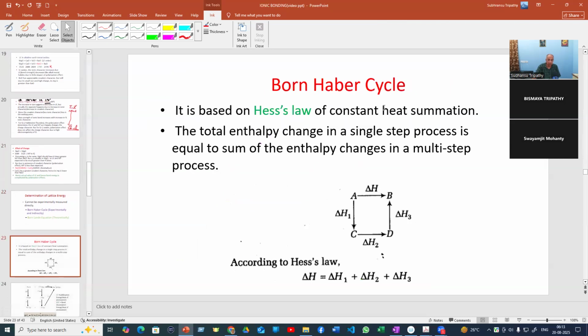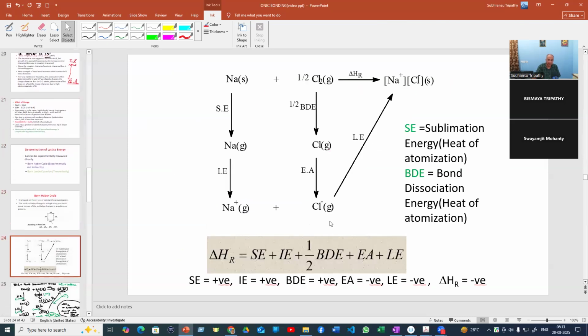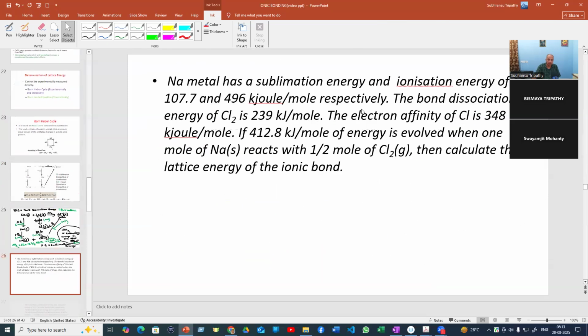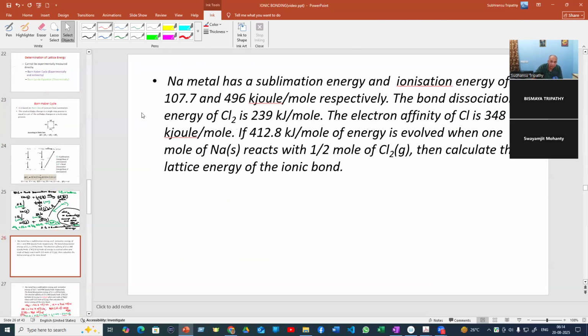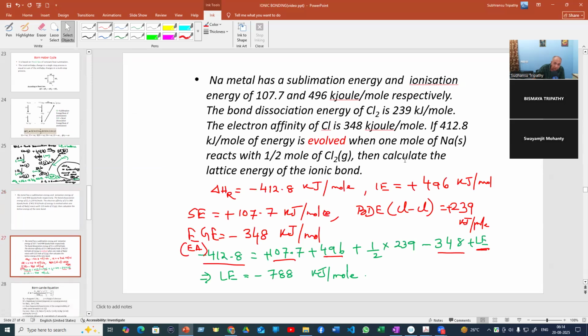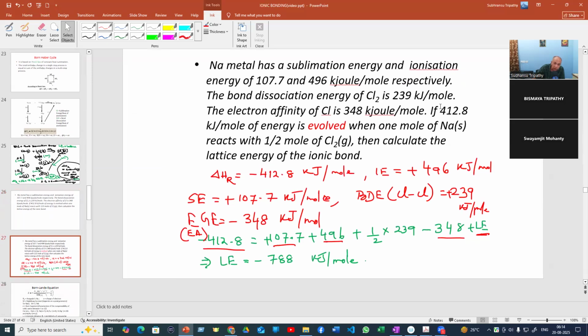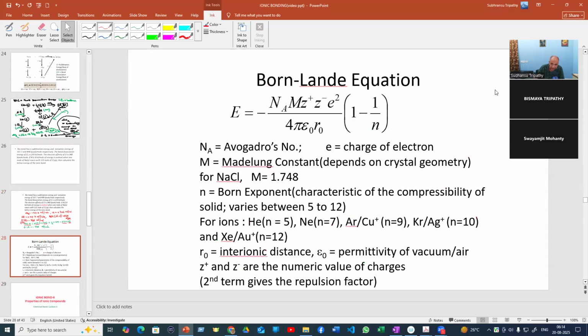We have already seen Born-Haber cycle, how to determine lattice enthalpy. And this problem you will be doing. I have given a problem, I have given all the data, you will solve this problem. I have solved, but you solve on your own. Next time, we shall be talking of this Born-Landé equation, which is not required.